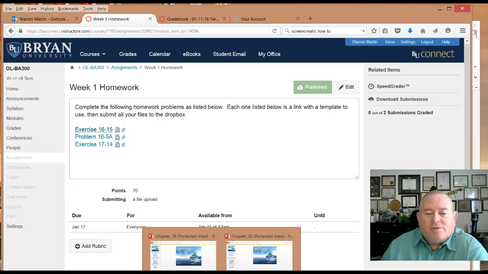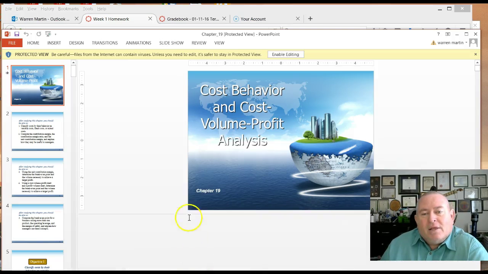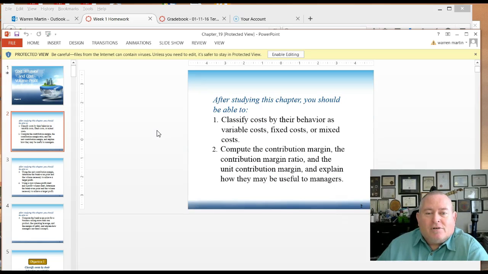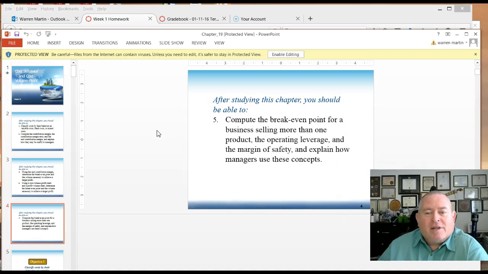For the presentations, you've got 2 chapters, 19 and 20. Chapter 19 goes over cost behavior and cost-volume-profit analysis. Again, there's no easy way around it. You're going to have to read the text and these presentations. The presentations are very good. You've got pretty much everything in there that explains it all.